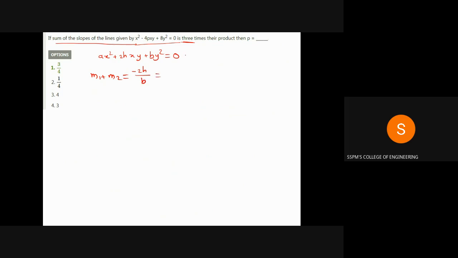So if you compare this, what do we get? Here a is equal to 1, 2h is equal to minus 4p, that is h is equal to minus 4p divided by 2, which means h is equal to minus 2p, and b is equal to 8. So minus 2h upon b is equal to what?